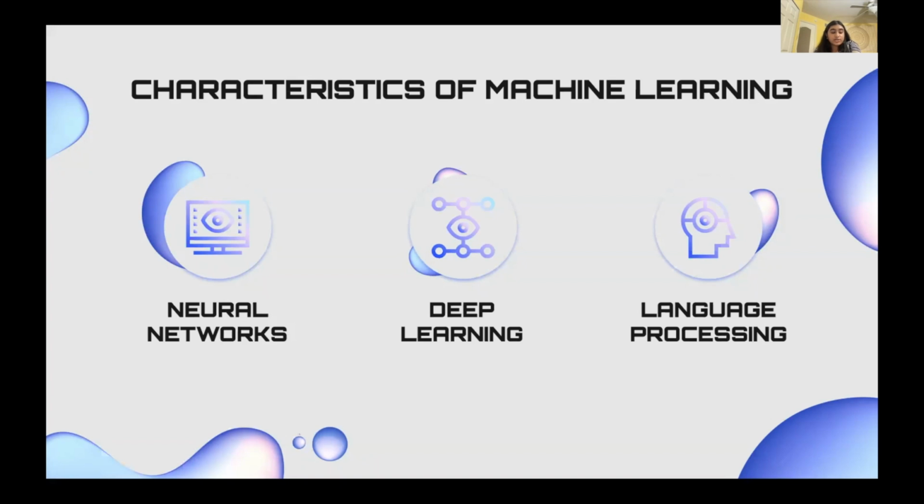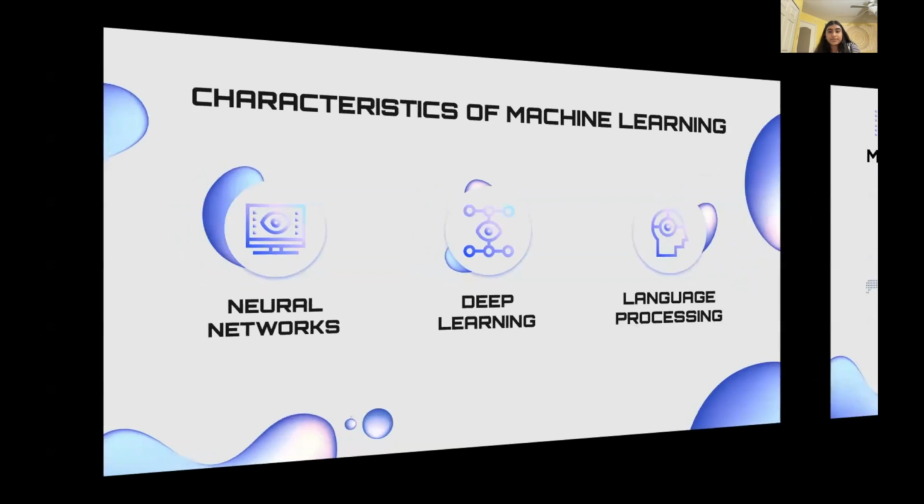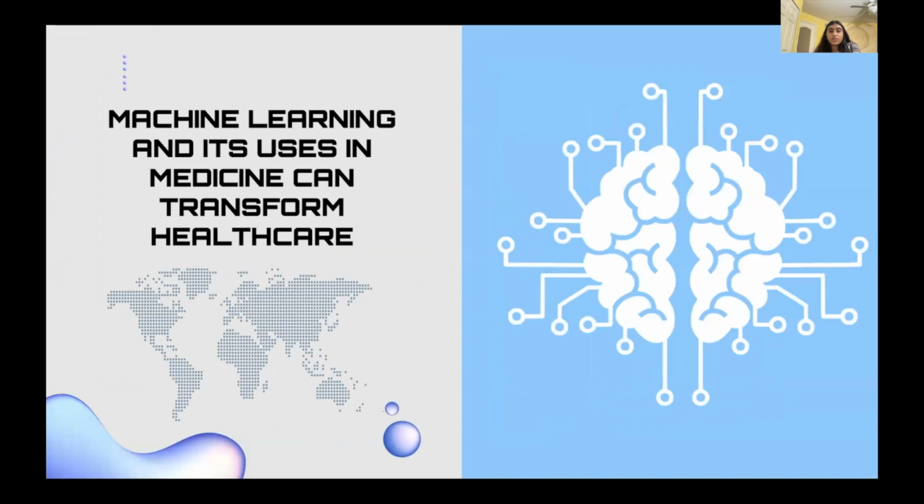It also includes various areas of use for deep learning, including dermatology, cardiovascular, gastroenterology, and neurology. Finally, this paper discusses the possible applications of such technology and its drawbacks in the future. Overall, machine learning and its uses in medicine can transform healthcare, which is the main focus of my paper.